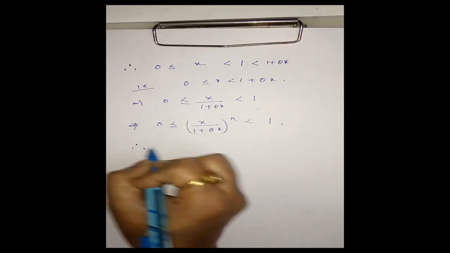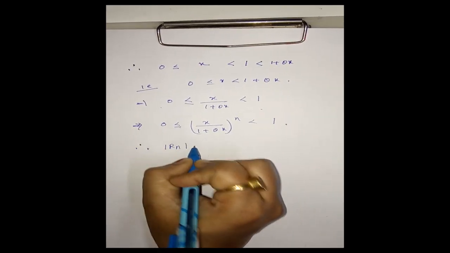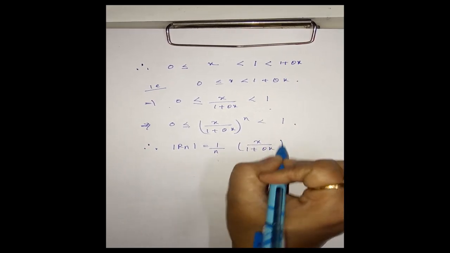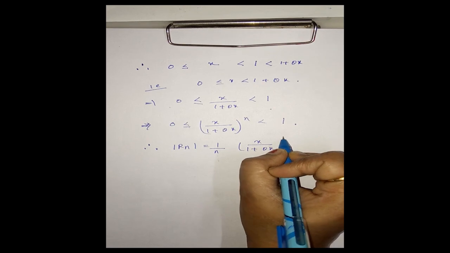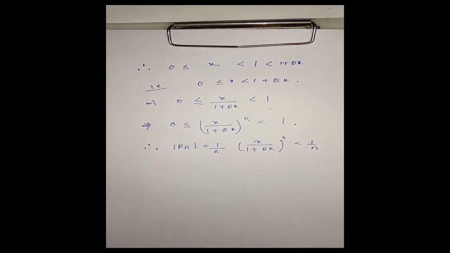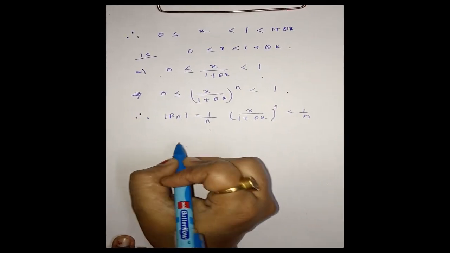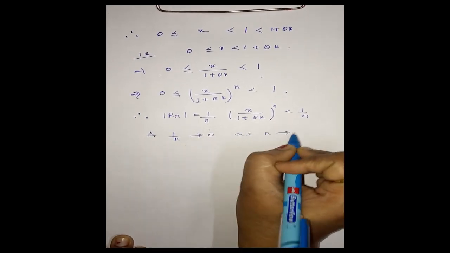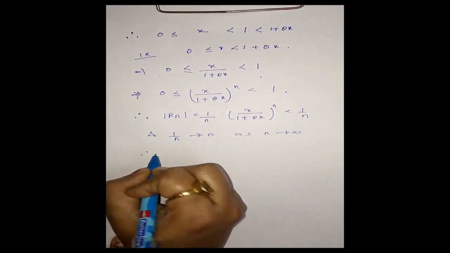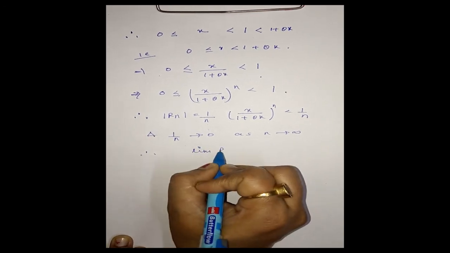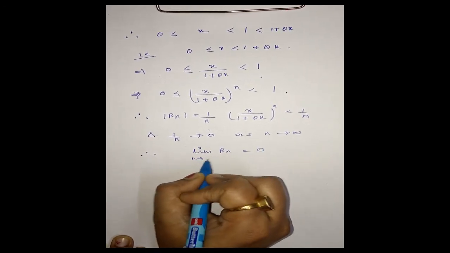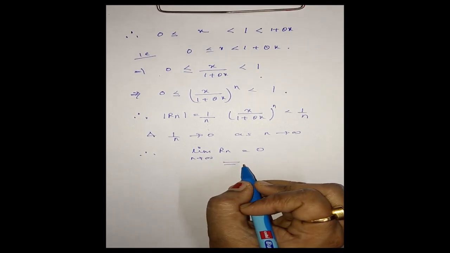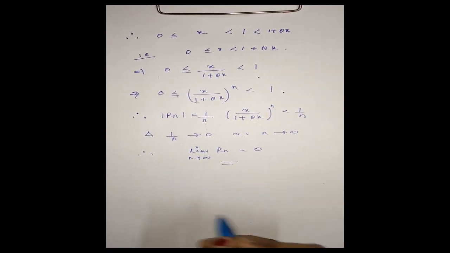Therefore we have x times 1 upon 1 plus theta x power n is less than 1 by n, and therefore since 1 by n tends to 0 as n tends to infinity, we have limit Rn is equal to 0 as n tends to infinity. Okay, clear? For the case when x lies between 0 and 1.